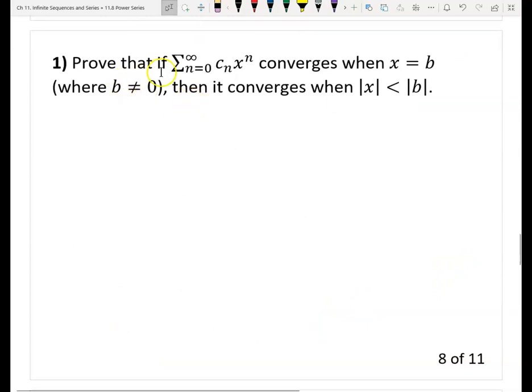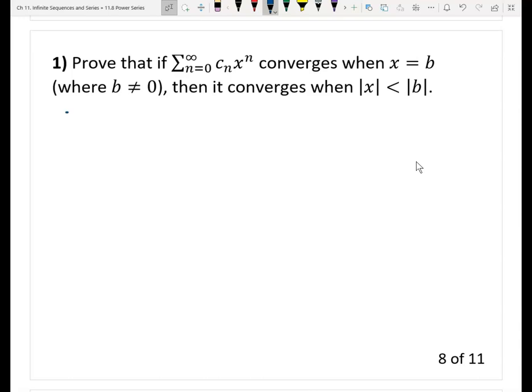Here is the first step. If our series converges at b, it should converge inside of b. How to prove? We have to use the comparison test. Let me show it first. What condition do we have?